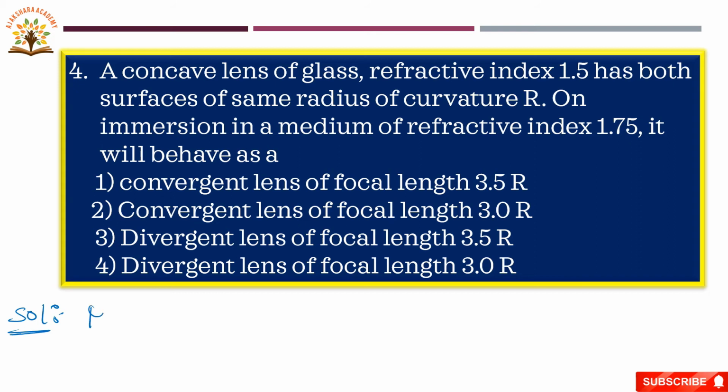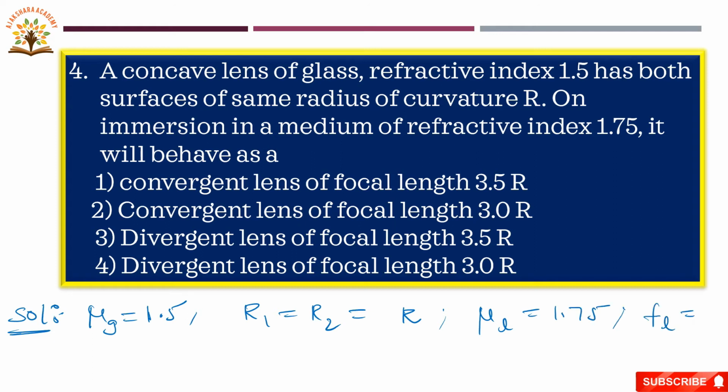Given mu G is equal to 1.5 and R1 is equal to R2, they said same radius of curvature, that is R, and refractive index of liquid is given as 1.75, and we have to calculate the focal length.